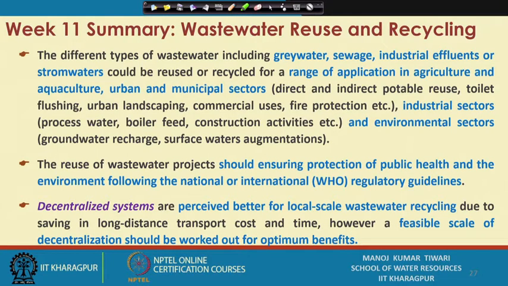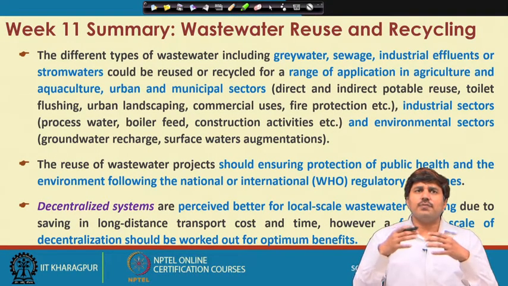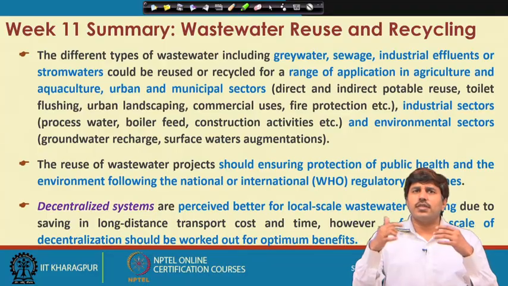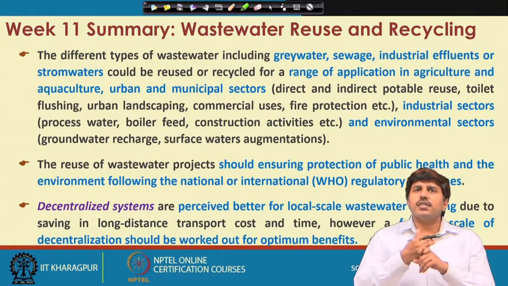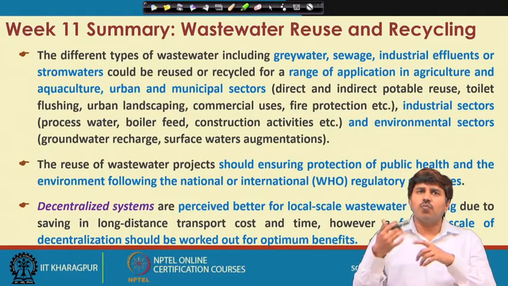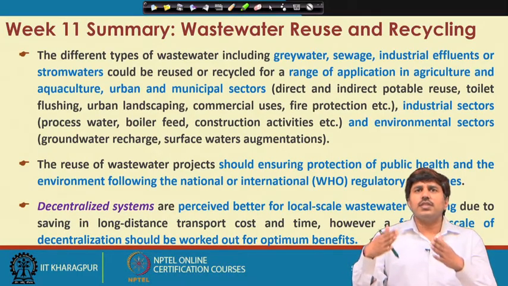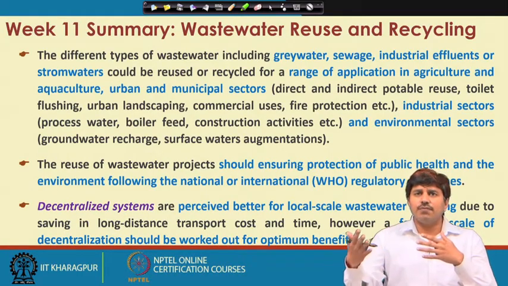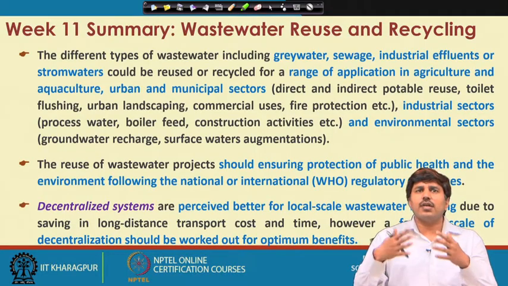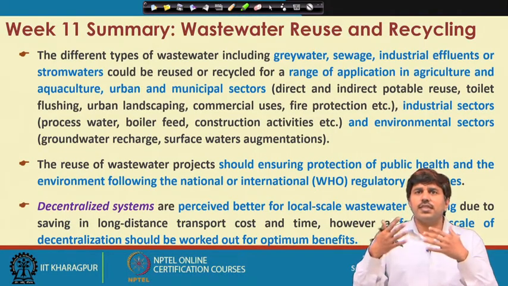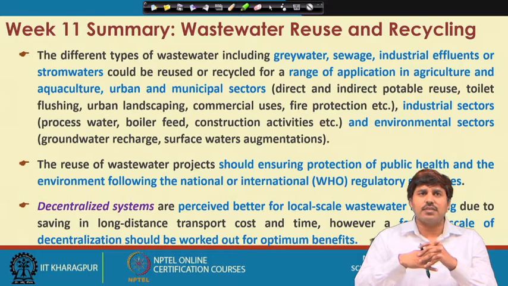If we look at the reuse and recycling aspect, different types of wastewater including grey water, sewage, industrial effluent, and storm waters could be reused or recycled, and we can use this reclaimed water for a large range of applications in the agricultural, aquaculture, urban or municipal, industrial and environmental sectors.